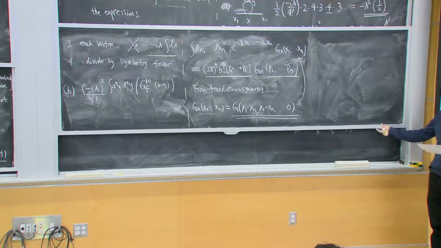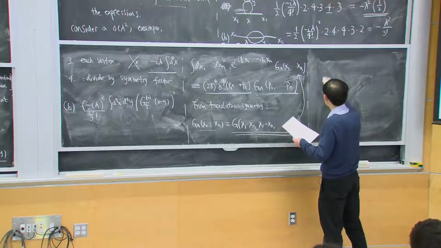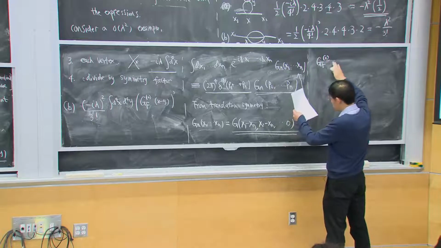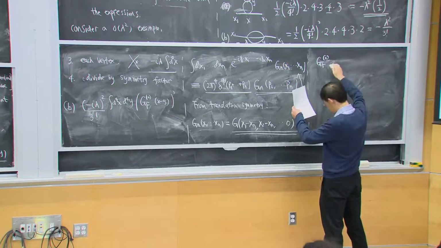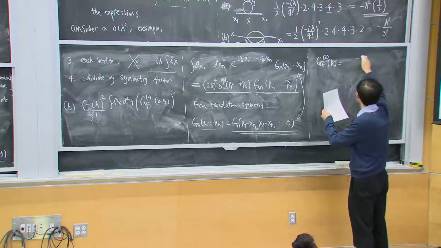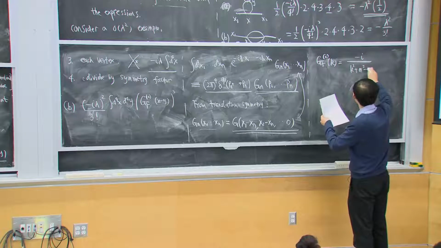So now recall the Feynman propagator for the free theory in momentum space. If you say k, then it's given by minus i over k squared plus m squared minus i epsilon.